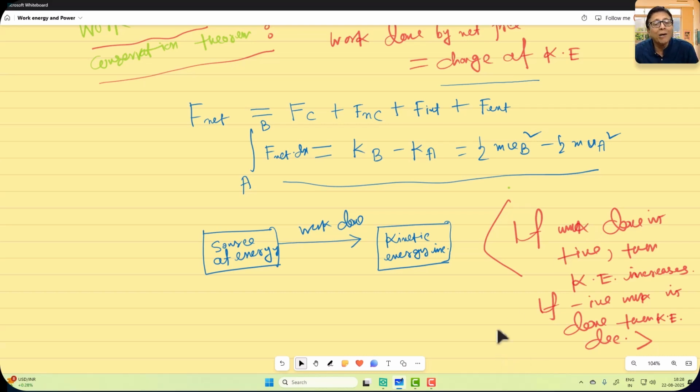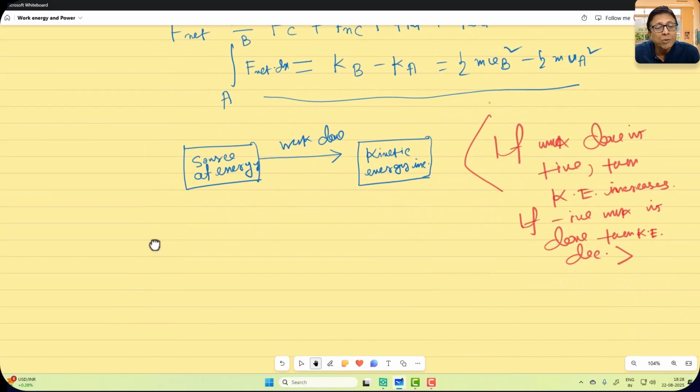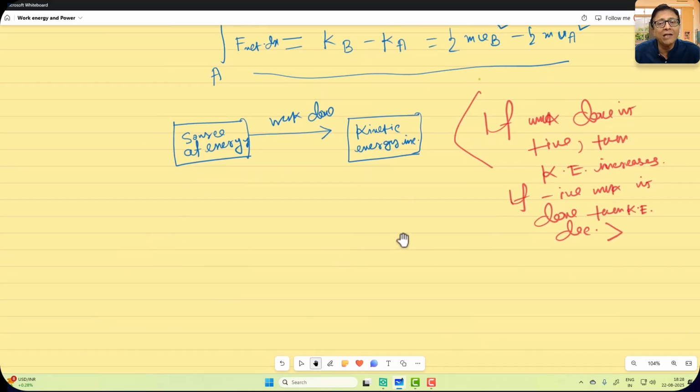Now, if I go by one example for you, you may not find this one true. I am telling you. Suppose the body of mass M is there on the ground at the point A. You have taken it to the point B, which is h meter above the ground.